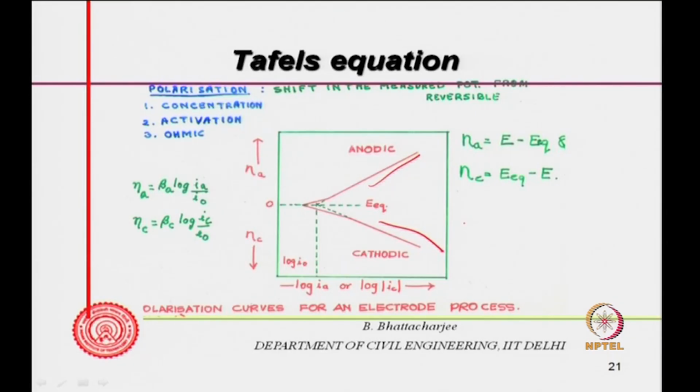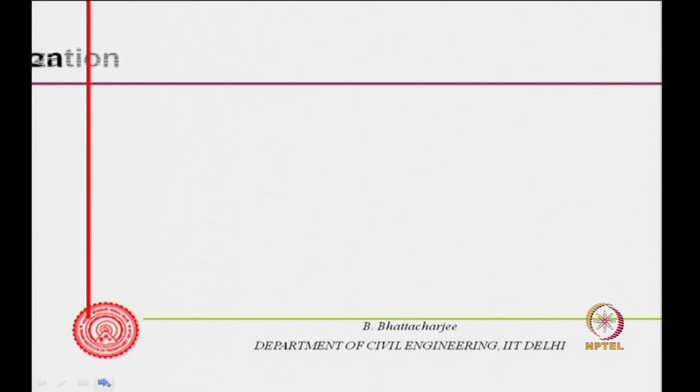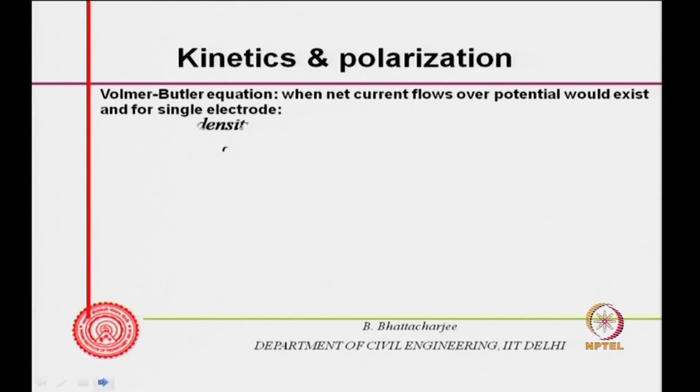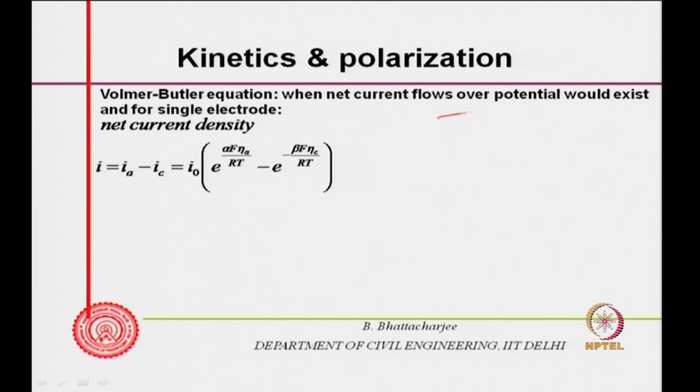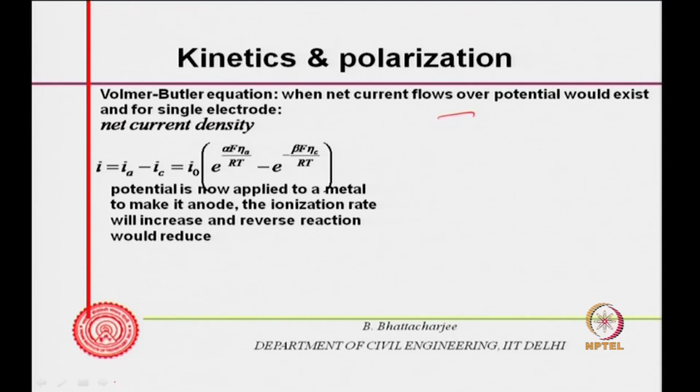So, this is activation polarization, and as I already said, concentration and ohmic polarization we have already defined. This was activation polarization. Now, the Butler-Volmer equation gives you, for a single electrode, the net current equation. What it says is that when potential is applied to the metal, the ionization rate increases and the reverse reaction will reduce.